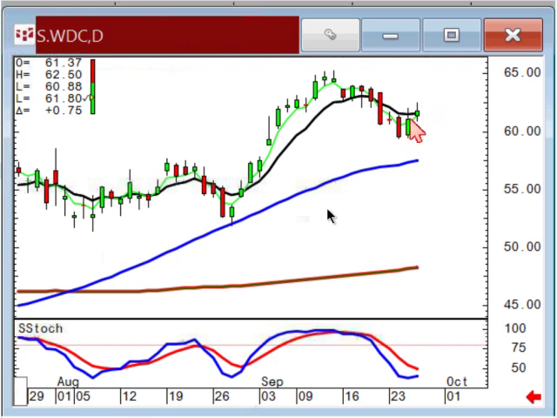Now remember, tomorrow is expiration day for the September 27 calls or puts, which means if you're really aggressive, if this opens positive tomorrow, and I'm going to just pick out, let's say, the 62 calls are trading at 30 cents.